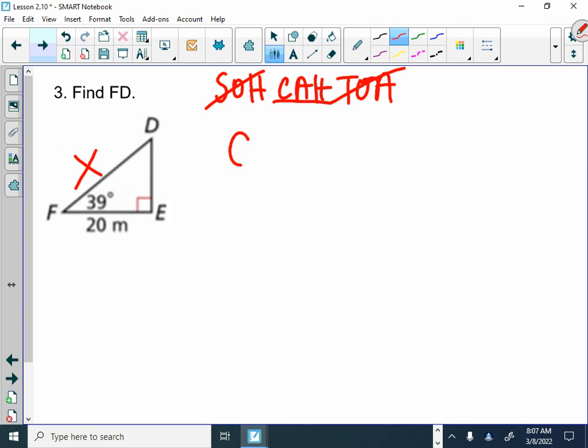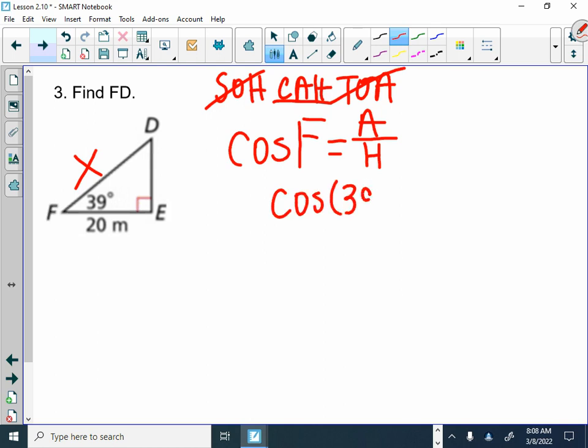The cosine of F is adjacent over hypotenuse. So the cosine of angle F, which is 39 degrees, I'm just going to put over 1, since that's what we've been doing with all the others, equals my adjacent, 20, over my hypotenuse, x.